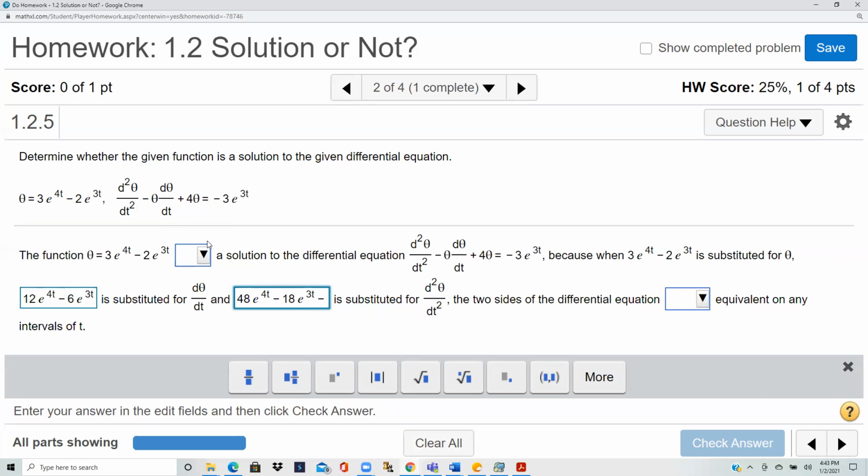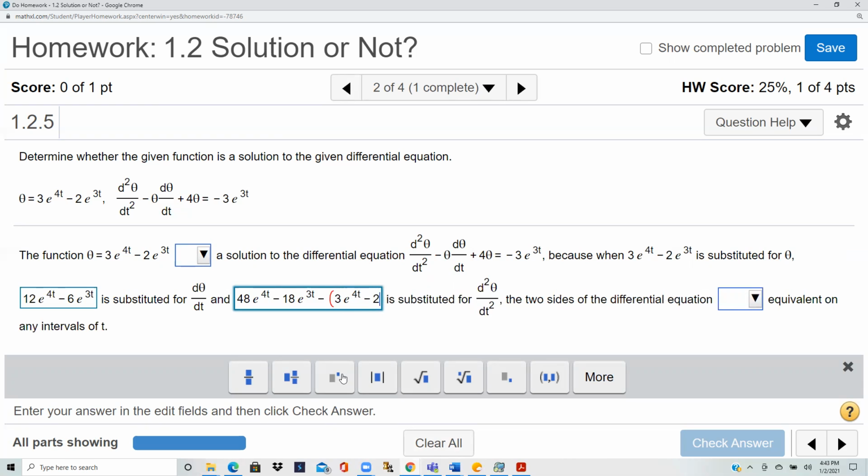So you'll have minus, let's keep the negative outside, minus the quantity 3e^4t minus 2e^3t.